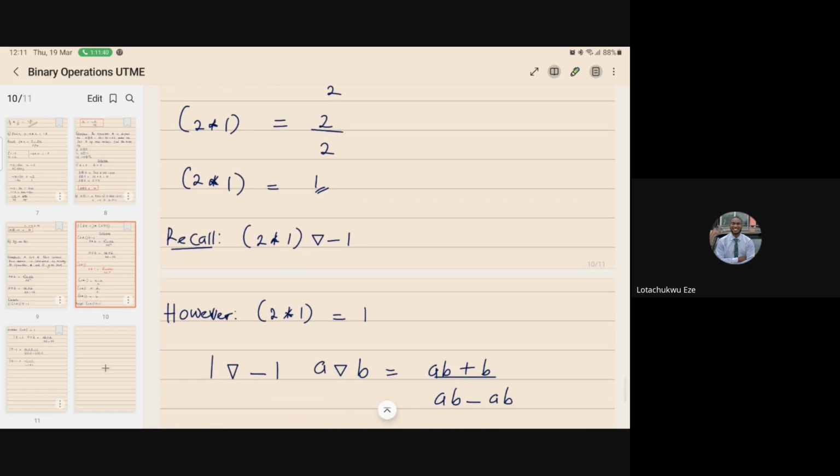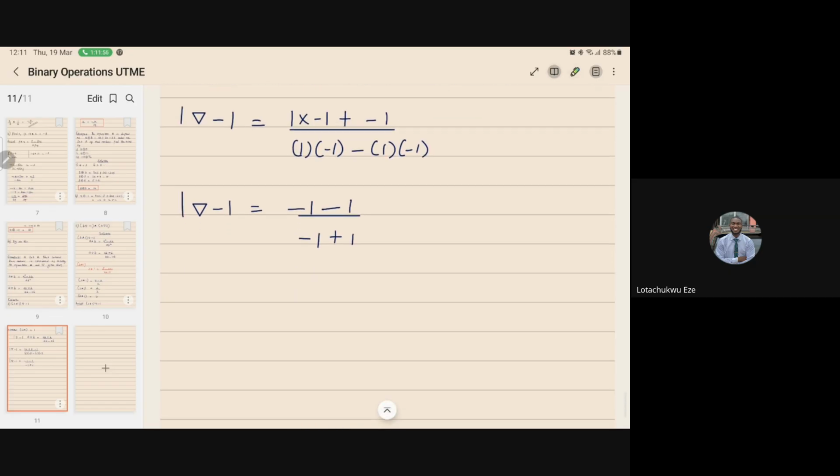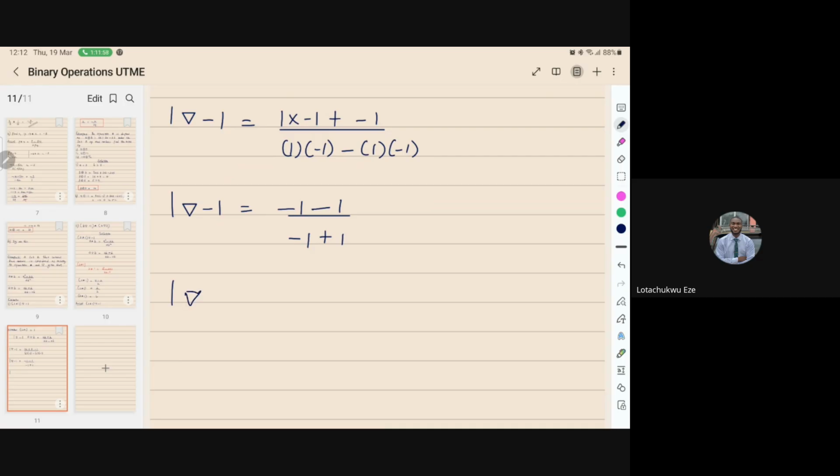So now when I plug in that value, I have 1 times minus 1, yes, plus minus 1, yes, all over 1 minus minus 1. So I have 1 times minus 1, and minus times minus is plus. So we're going to see that this will now be undefined. So I have minus 2 over 0, which is what? Undefined.